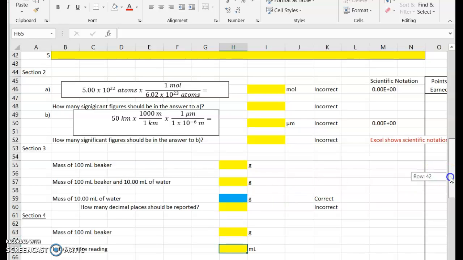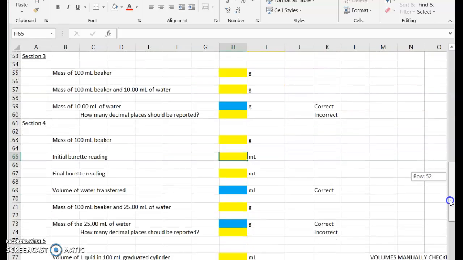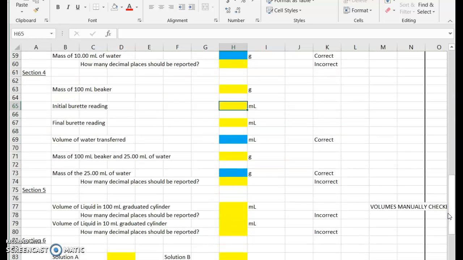Section 4, you are looking at using the burette to dispense a certain amount of liquid, and you want to put your initial and your final burette reading. Again, you can find the difference of these two values in order to find the volume that you transferred.